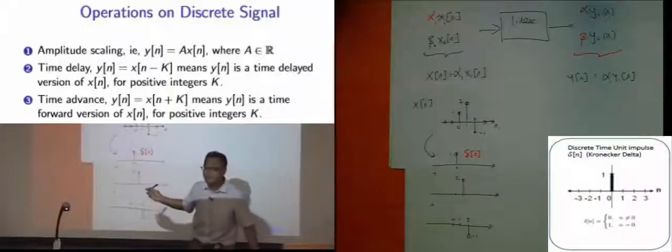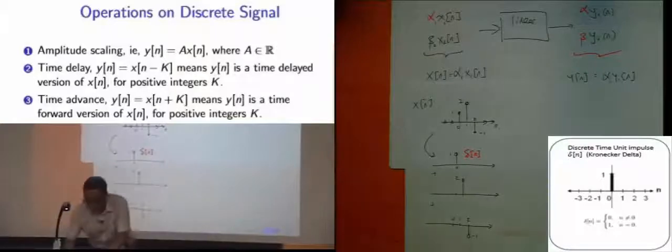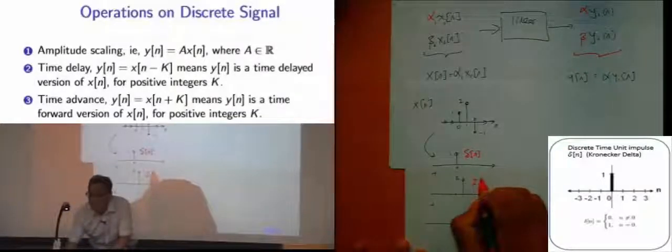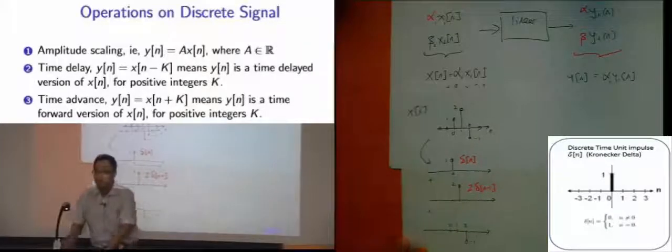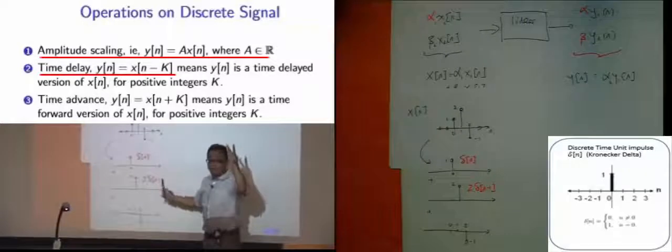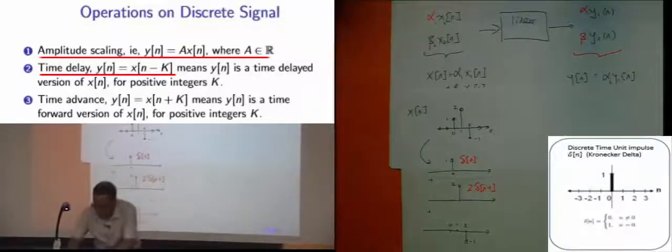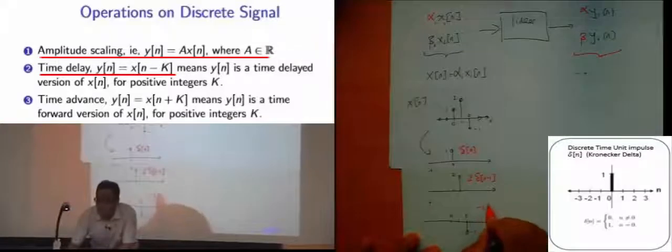The second one is 2 delta n minus 1, so it is a scaled version of a delta, scaled by 2, delayed by 1. The last one, of course, is minus 1 delta n minus 2.